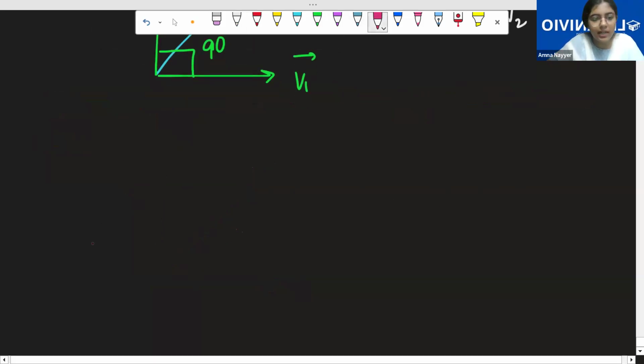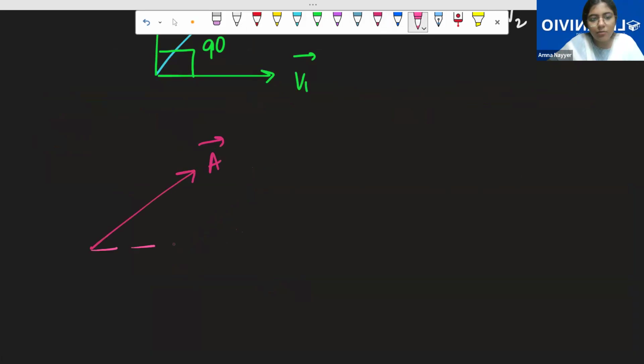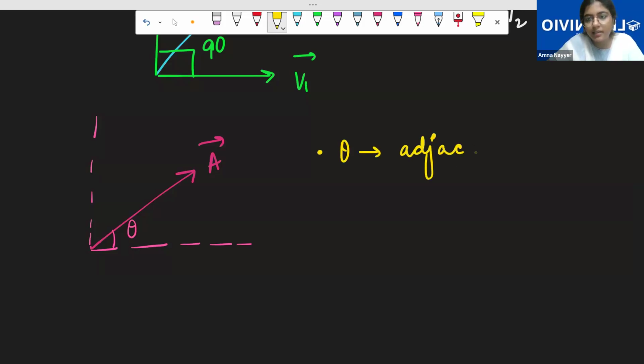Let's say we have a main vector. This is some vector A. And we have to find its components, let's say along here, along here. And this is the angle theta that is formed. Now remember the rule. Whichever axis has theta adjacent, that axis will receive the cos component.